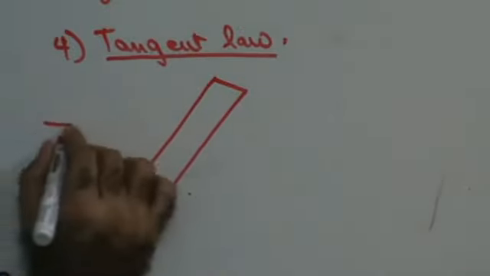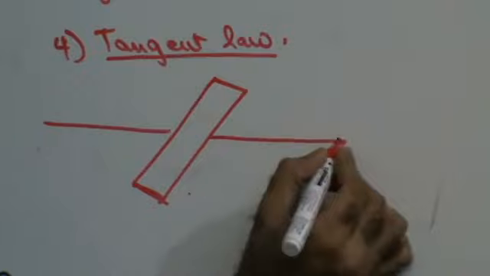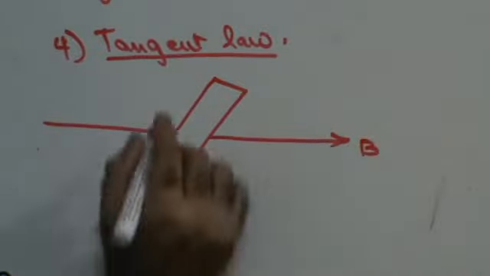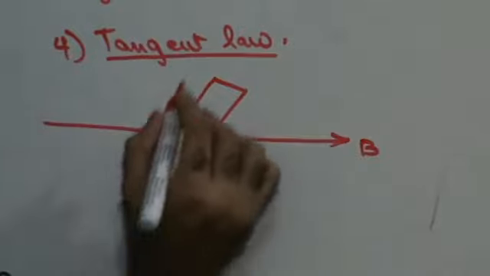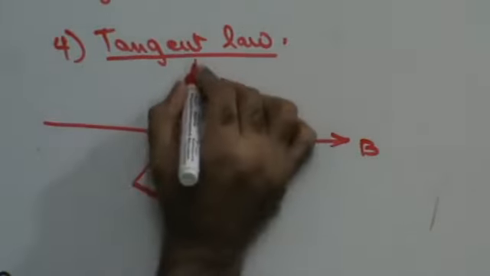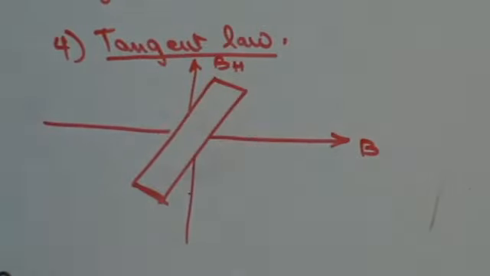There are two external magnetic fields. This is one magnetic field in this direction B, and let us consider that there is another magnetic field in the direction BH. Right?